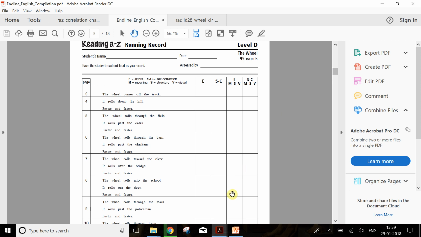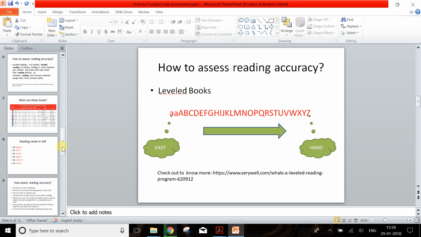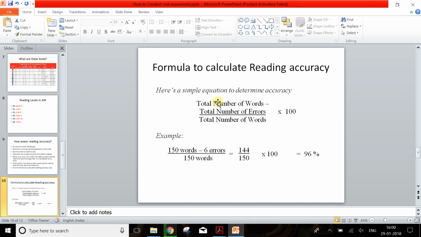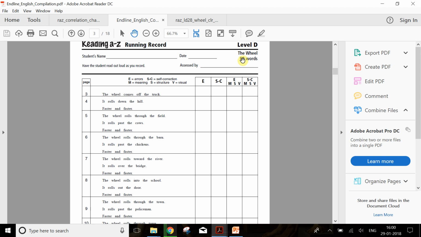So how do we calculate reading accuracy rate then? So we calculate reading accuracy rate by a simple formula. So total number of words in the text minus the number of errors the child has committed. So in this, the total number of words is given here. There are 99 words in this text. So imagine the child has committed 10 errors.